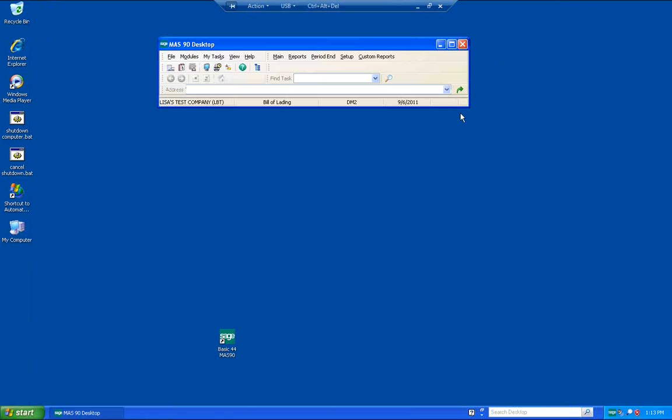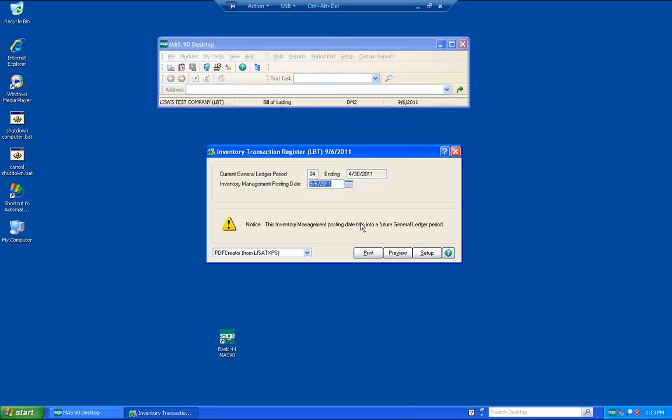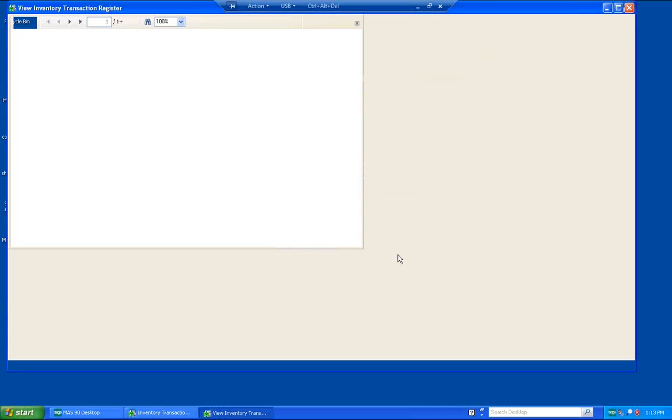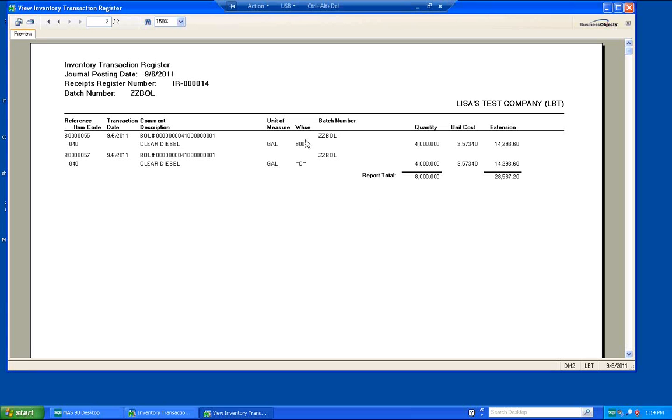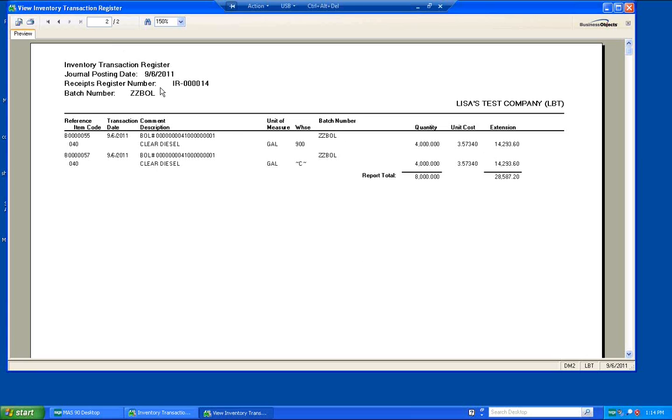And then it wants to know if we want to print out the inventory journals. We do. And we see the transactions being received into the truck warehouse, being offloaded from the truck and delivered to the customer, and the system puts it into the C warehouse.